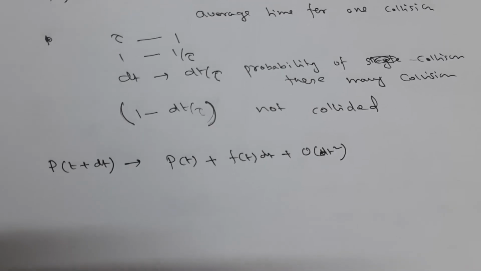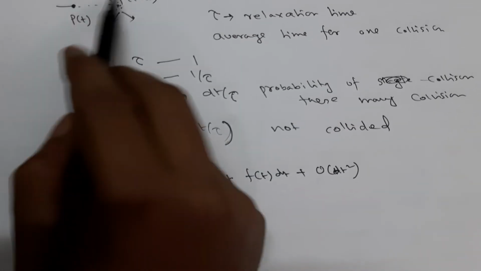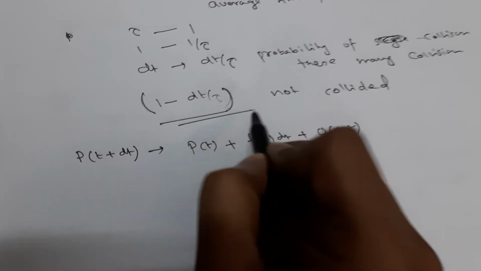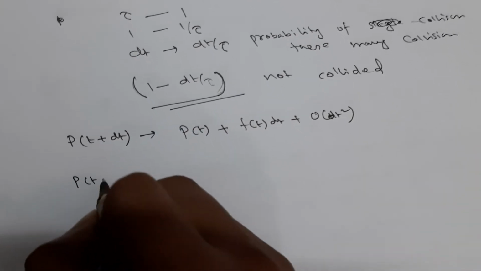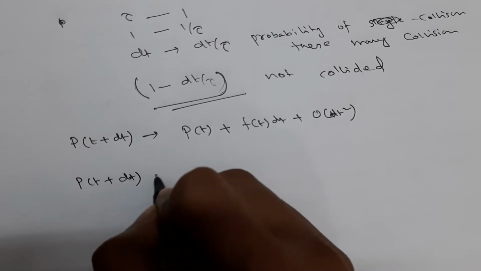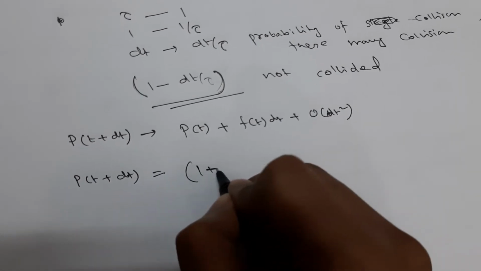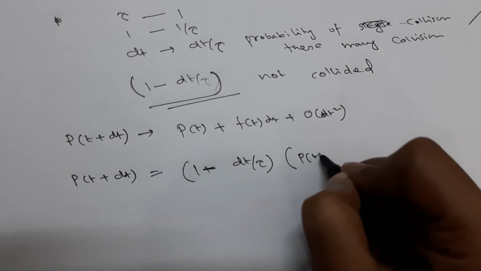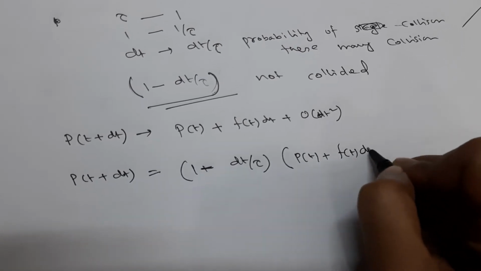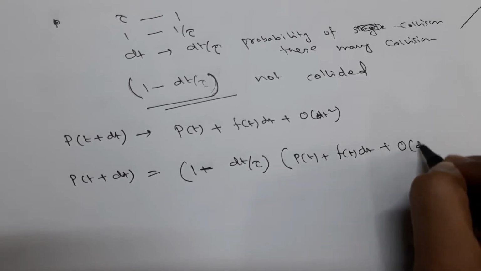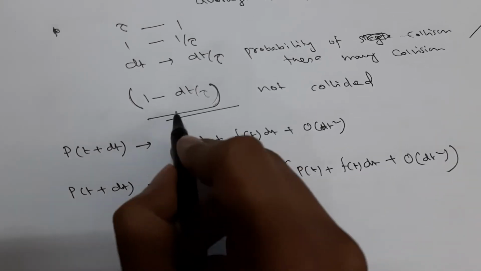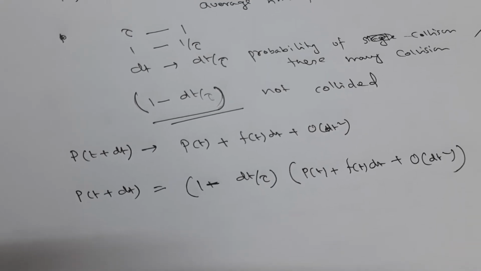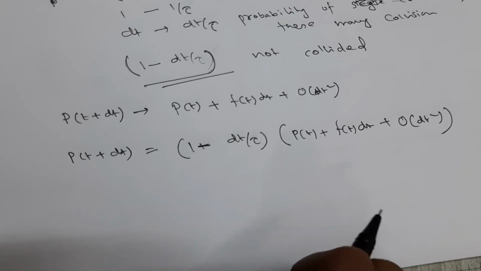So this is the momentum gain from this time before the collision. Now these fractions have not collided, so their momentum we can write definitely that p(t+dt) equals (1 minus dt by tau) into (p(t) plus F(t) dt) plus order of dt squared. So these many electrons have not collided.